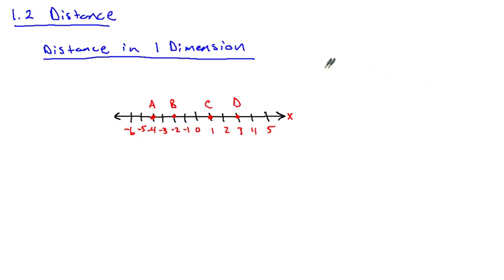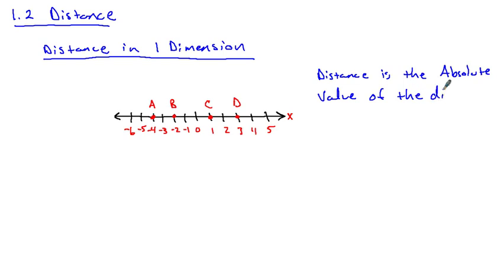All right, and we're going to write out a little sentence that may not be crystal clear yet, but we're going to write it out anyways because it's important that you can say the words and you can explain these things. So distance, this is in one dimension, is the absolute value of the difference between the coordinates.